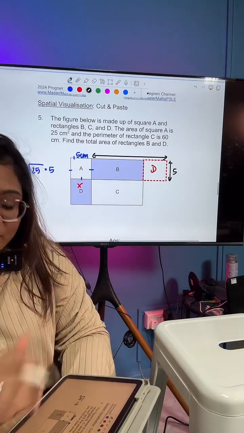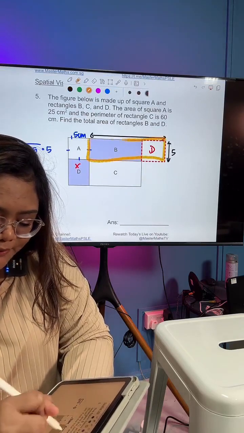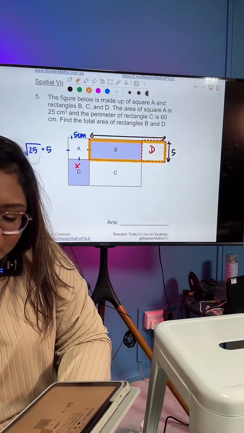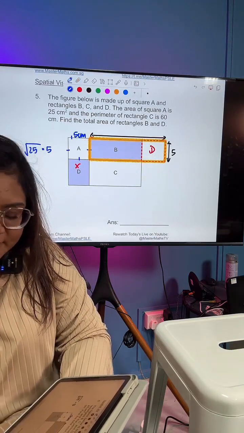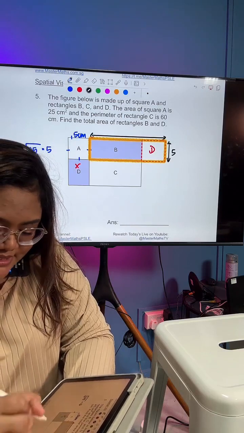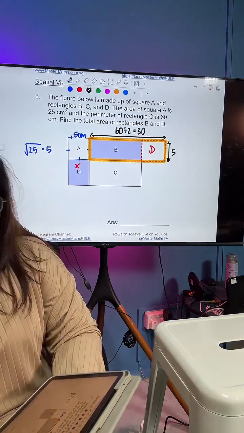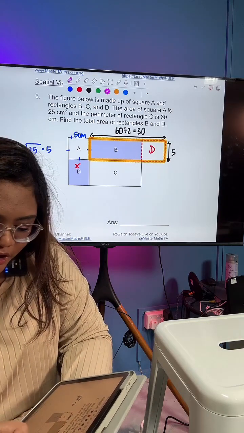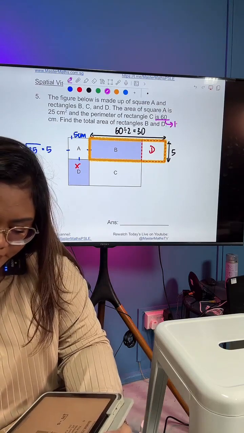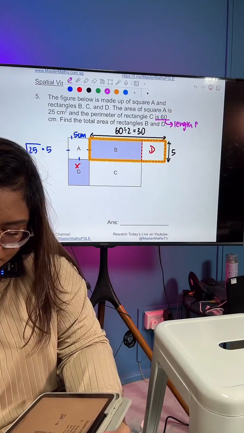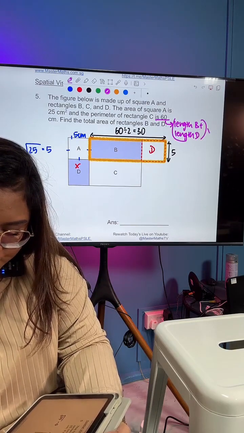So to find the length of B and D together, I put B and D together. I cut D, paste to beside B to give me a long rectangle. The long rectangle has a breadth of 5. I just need the length. And the length is 60 divided by 2, which is 30. Why 60 divided by 2? Because the perimeter of C is length of B plus length of D, times 2.